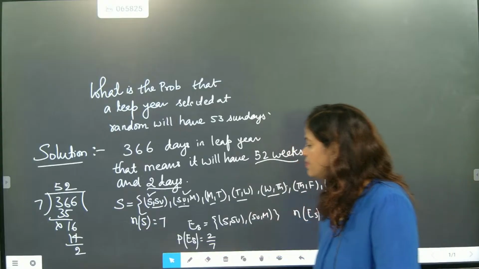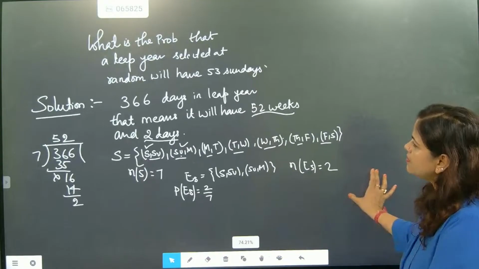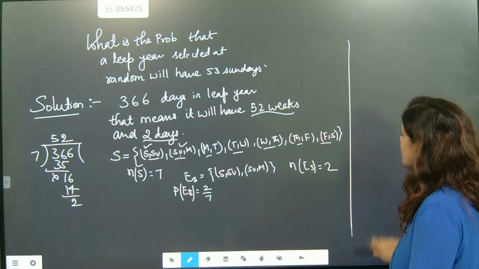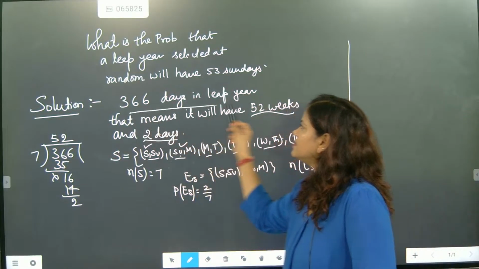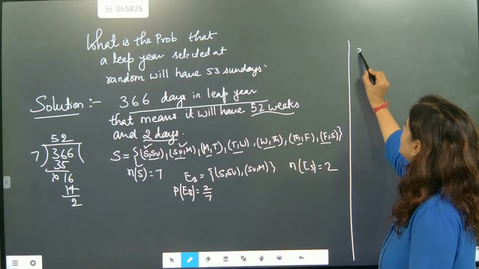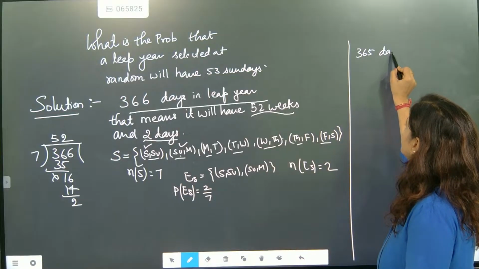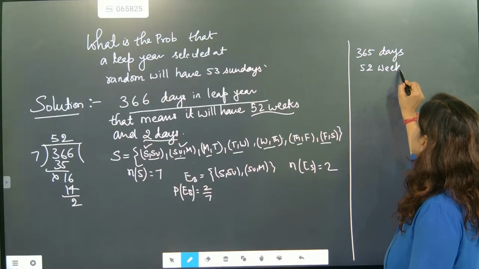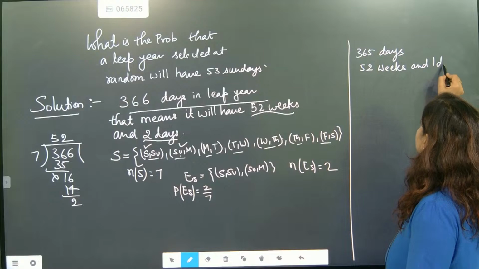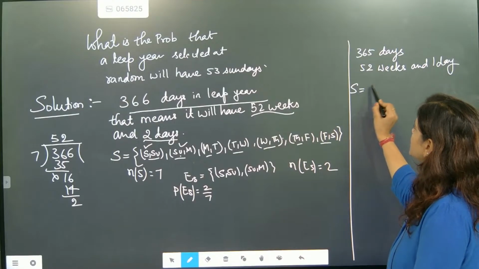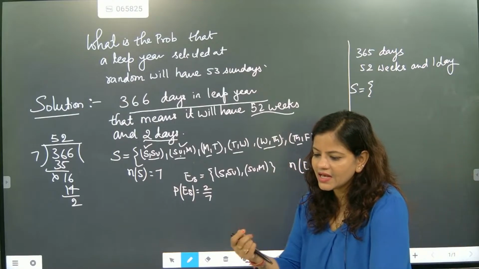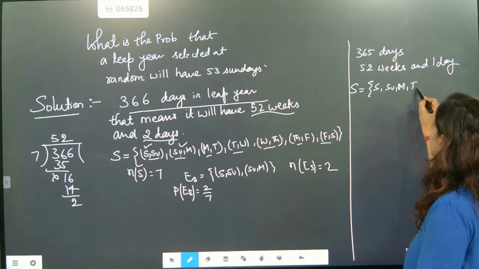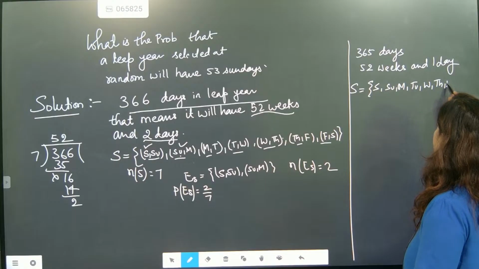Now this is for a leap year beta. Now for a non-leap year, rather than writing 366 days, how many days will we write? 365 days. That means 52 weeks and 1 day extra. Now, what is the sample space? That extra day can be any one of the days: Sunday, Saturday, Monday, Tuesday, Wednesday, Thursday, Friday.